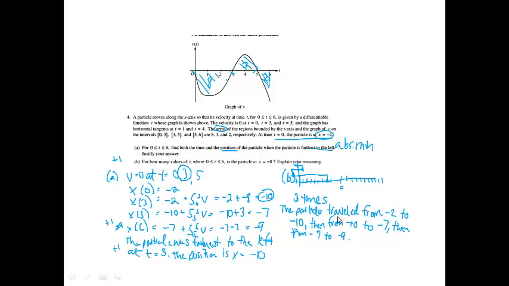And then in order to get from -2 to -10, you have to pass through -8. In order to get from -10 to -7, you have to pass through -8. And in order to get from -7 to -9, you have to pass through -8, excuse me. The theorem that would go along with that would be the intermediate value theorem. So I'm just going to put the intermediate value theorem.